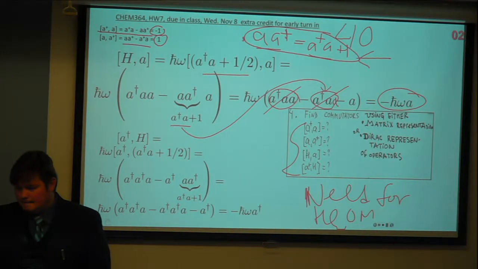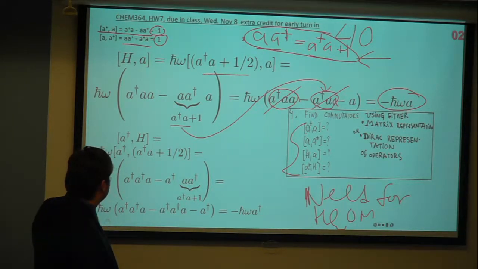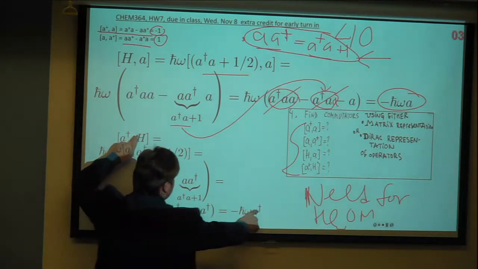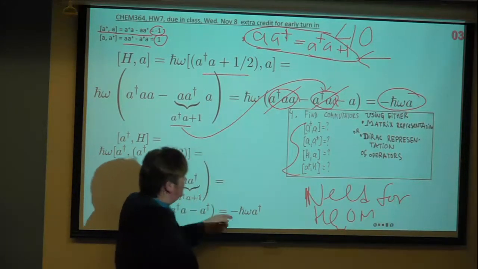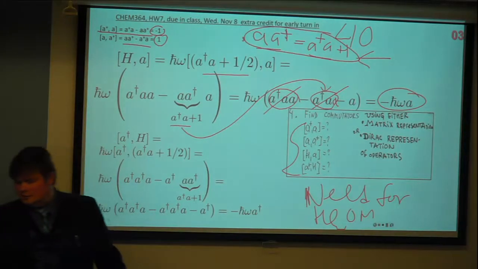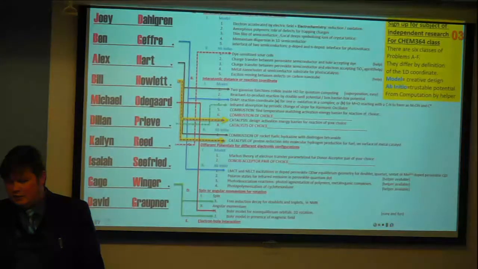The commutation of ladder operators is 1 or -1, and the commutation of a ladder operator with the Hamiltonian reproduces the ladder operator itself, the same one we started with, either a or a dagger, times the frequency and Planck constant.